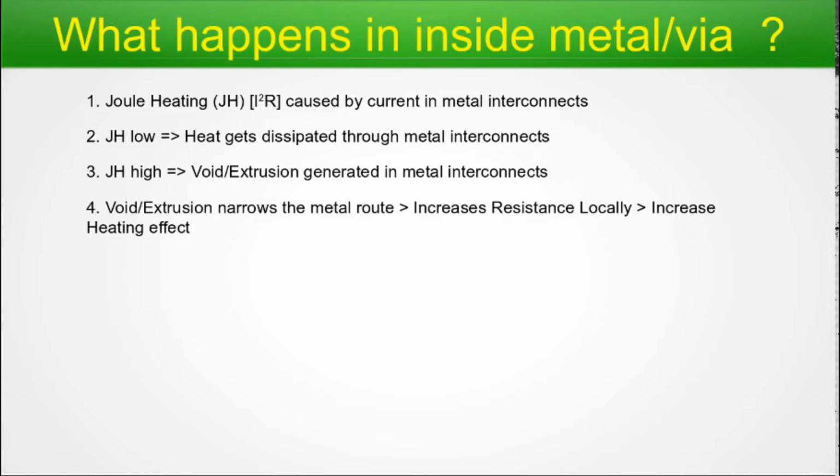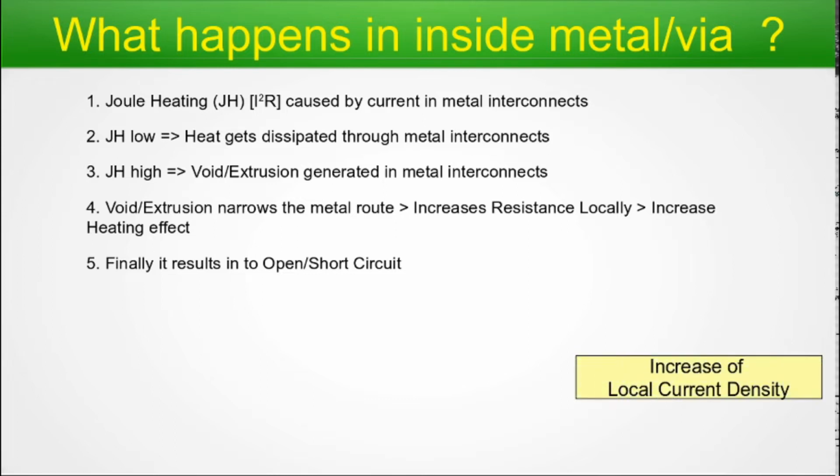Void or extrusion narrows the metal route. This in turn increases the resistance. This again in turn increases the heating effect. So it acts in a very cumulative positive feedback, and it goes on increasing. One is increasing the other, and finally the damage happens.